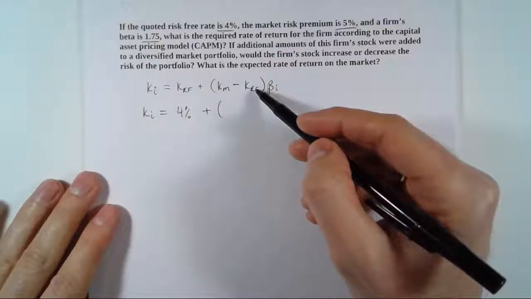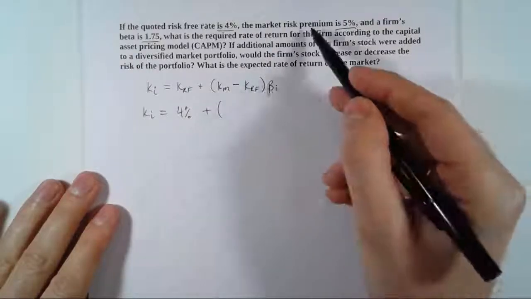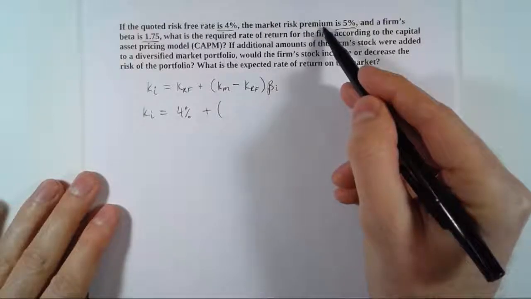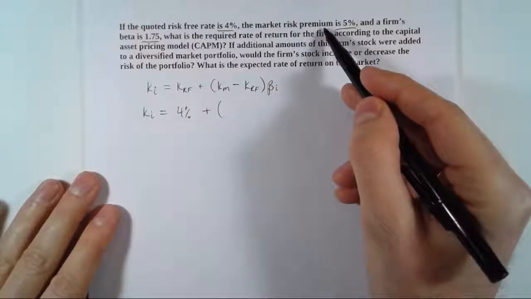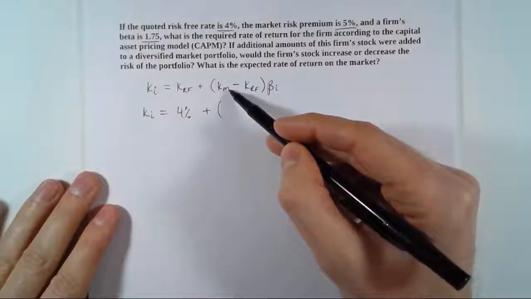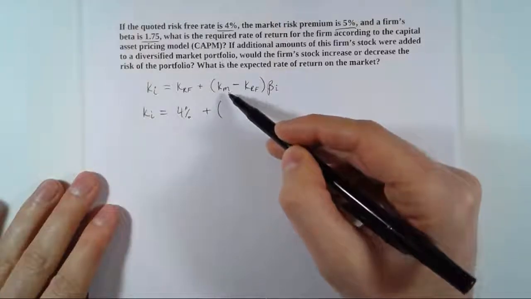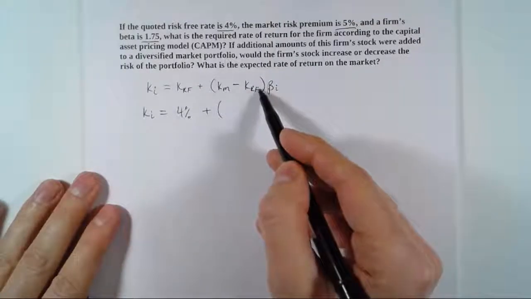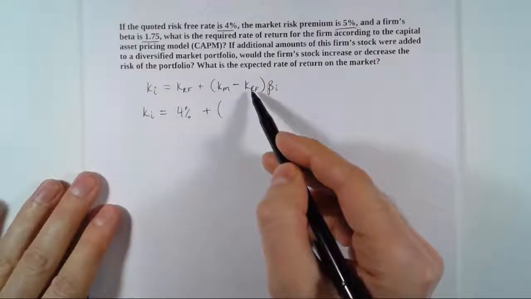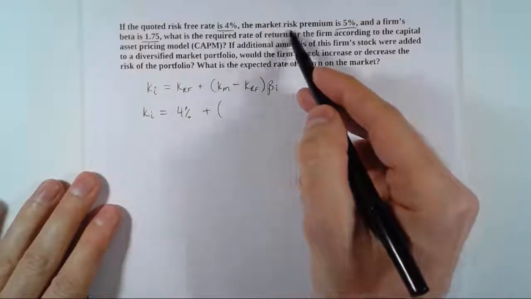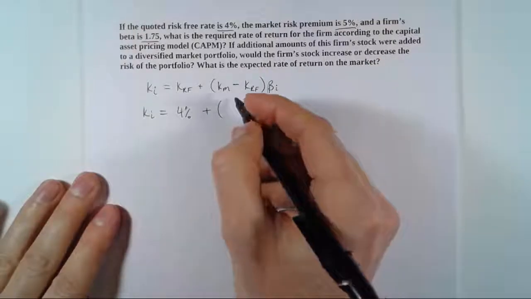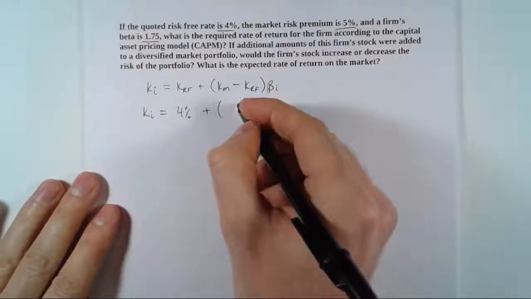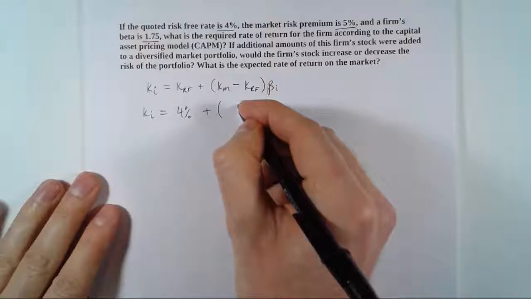And that amount of extra return is the market risk premium, because that extra return is due to the fact that he is taking on risk when the investor invests in the market. So this Km minus KRF is the market risk premium, which the problem has helpfully provided. So everything within the parentheses actually works out to 5%.